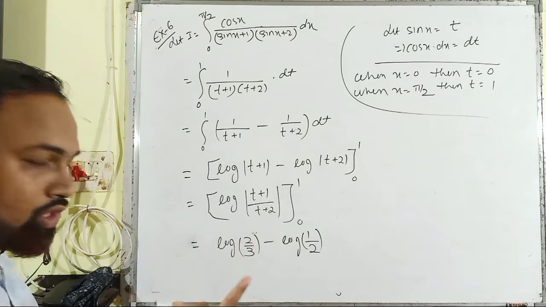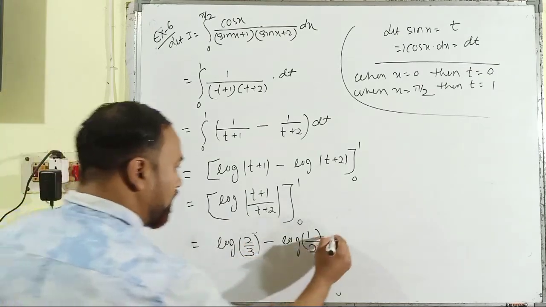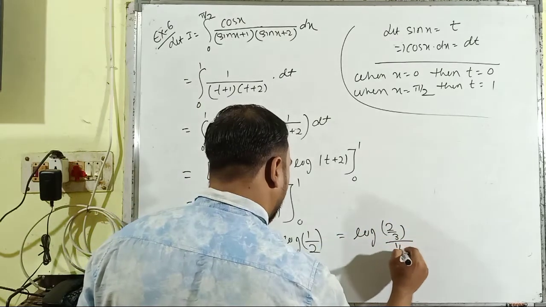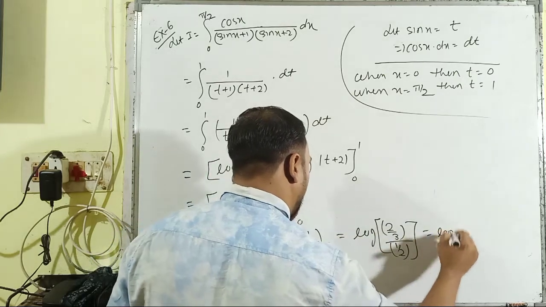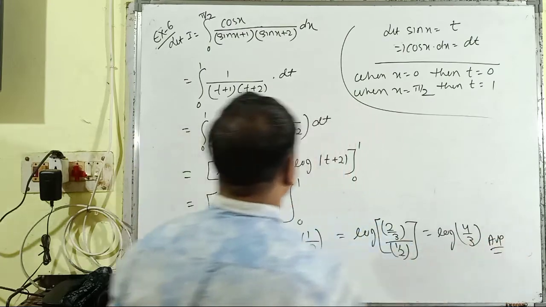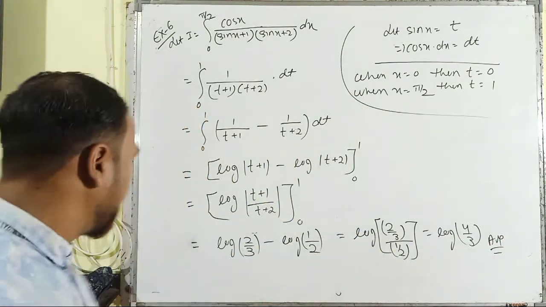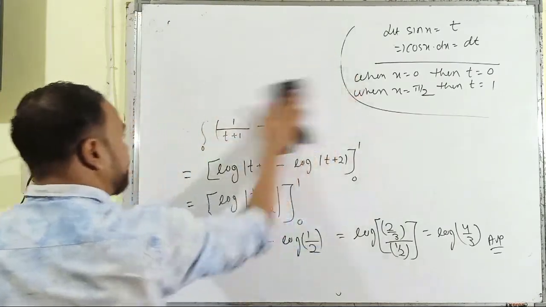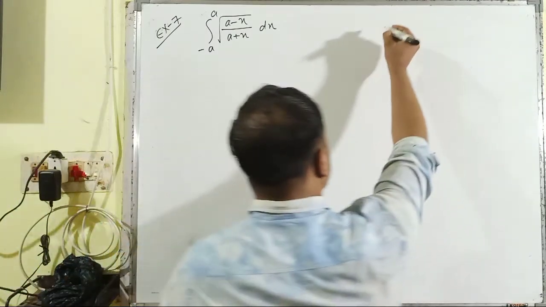Applying the properties of logarithm, we can have it is log of 2 by 3 divided by 1 by 2, and it is log 4 by 3. And here it is the answer for the example number 6. Then moving towards the example number 7.